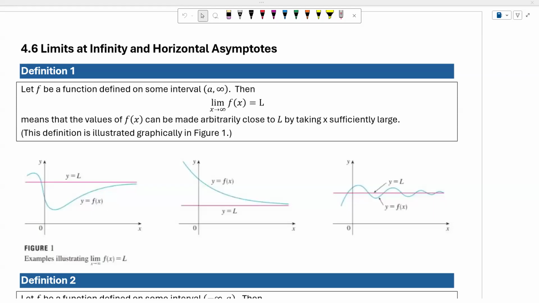Hi, in this video, we would like to see how we use limits to find horizontal asymptotes.